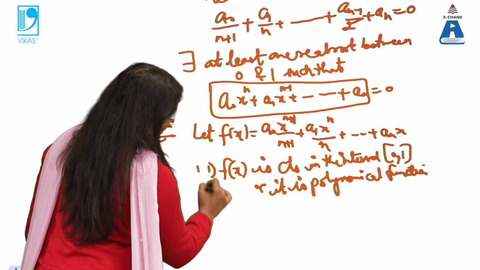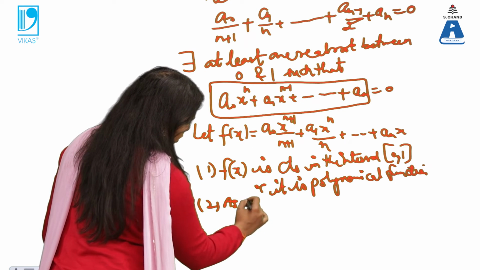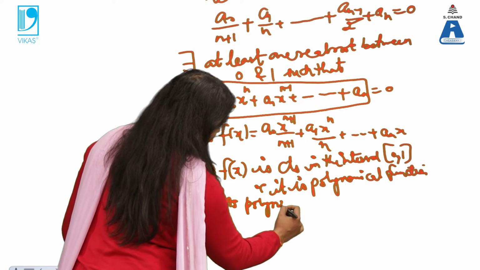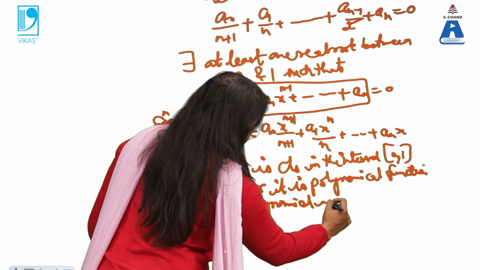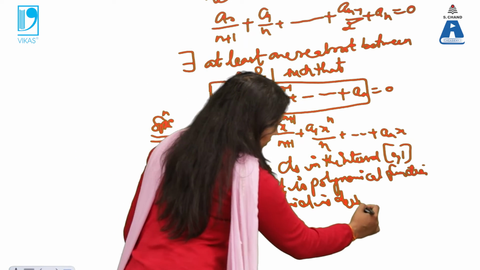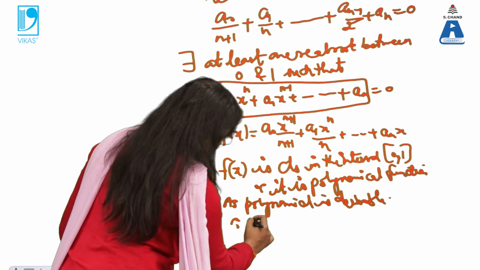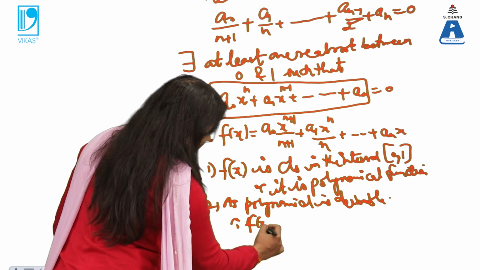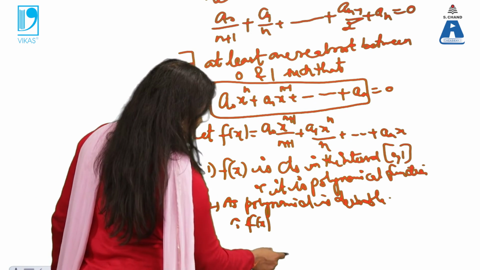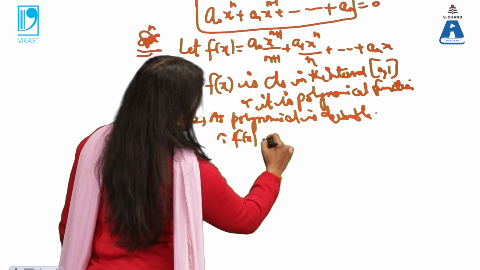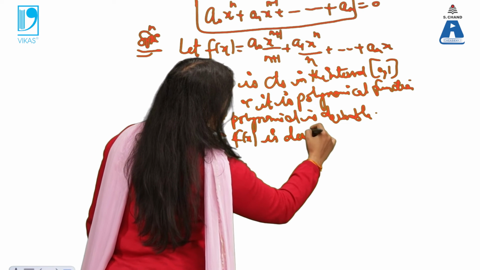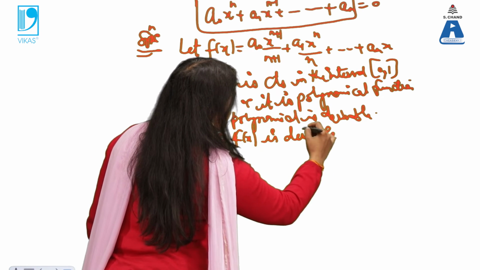As every polynomial is derivable, therefore f is derivable. So two conditions are already satisfied.